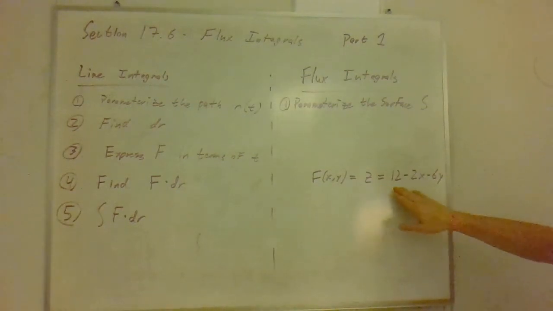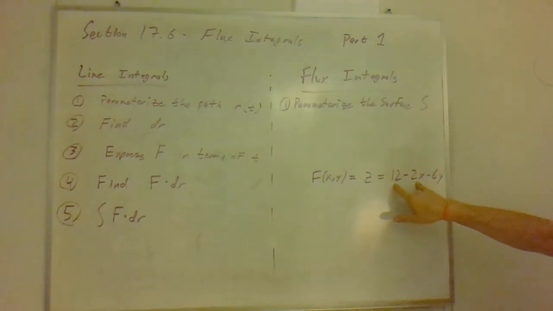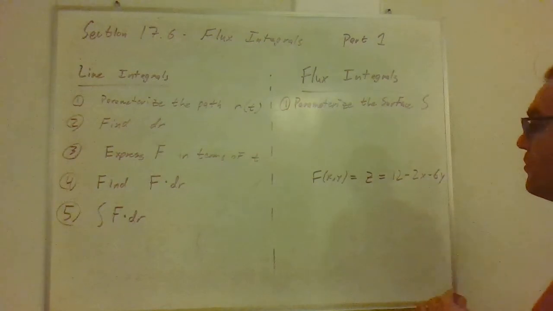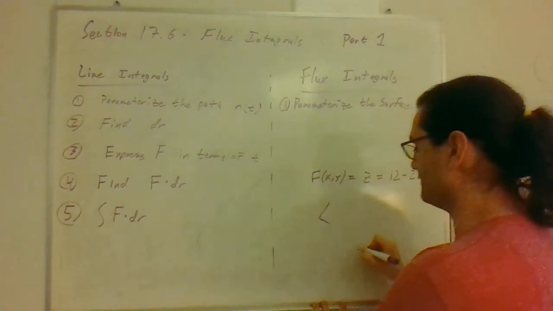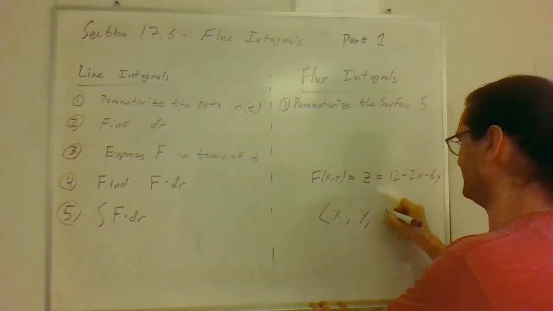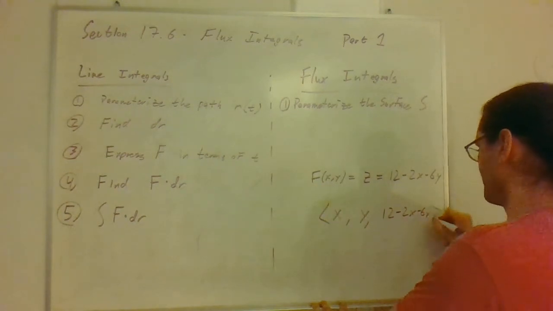And this was our plane. It had a z-intercept of 12, it had an x-intercept of probably 6, and a y-intercept of probably 2. If you want to parameterize something like this, you can parameterize this very easily by saying that x is x, y is y, and z is 12 minus 2x minus 6y.